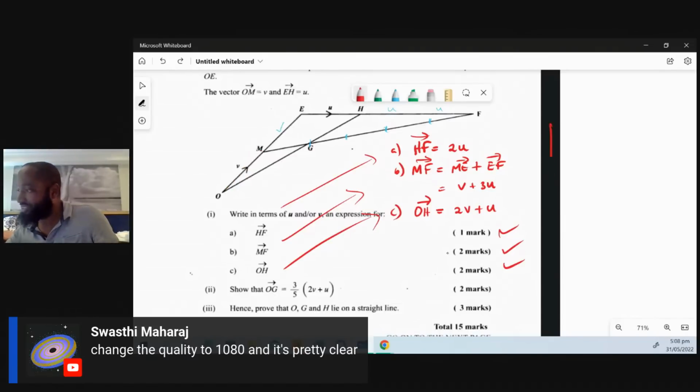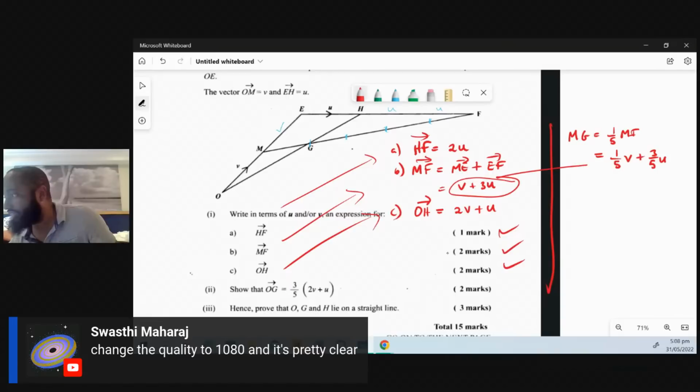So let me start there first. MG is 1/5 of MF. And MF, this would mean that this is 1/5 V plus 3/5 U. I just do 1/5 of that. Think about it. 1/5 of MF, right? And we want to go OG. So OG is really OM plus the MG, which we just did.